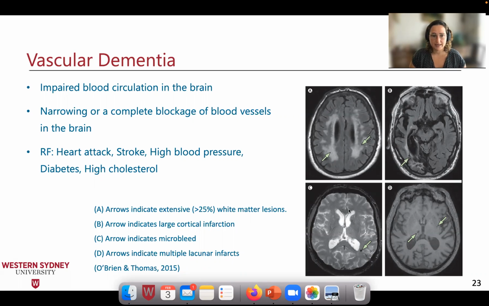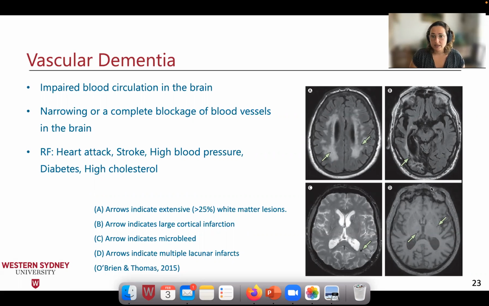In the bottom left-hand side, we have arrows indicating some microbleeds, where blood vessels in the brain are escaping, and different veins are also bringing the blood supply.